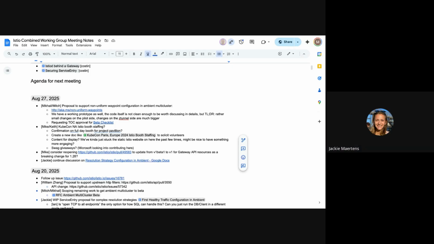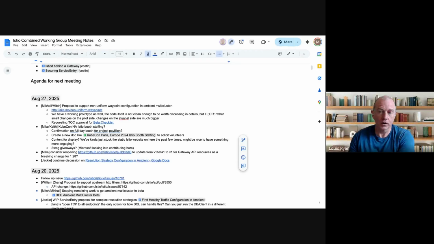Oh yeah, totally fine. I guess quickly, I'm just curious how much appetite there is for supporting port exclusion in ambient. So that's just the high level feedback I'd like. I would prefer to solve the active versus the health checking approach.